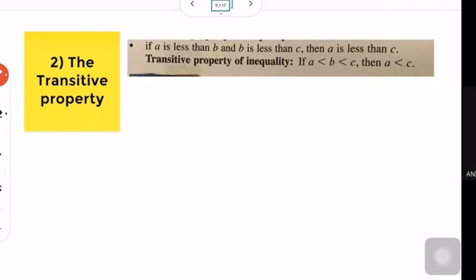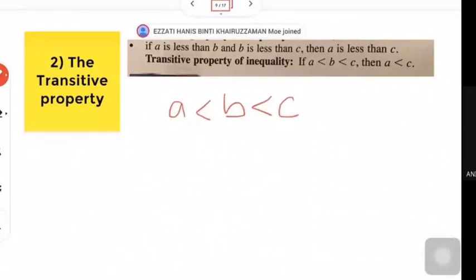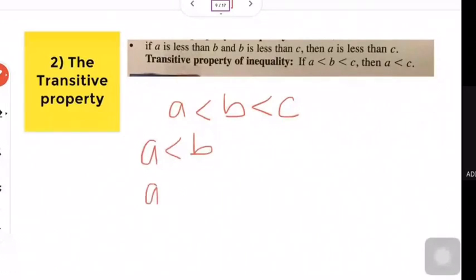Let's say A is less than B is less than C. Ini tiga kan, you boleh pairkan dia, ambil pair saja. So A is less than B. What is the relation of A and C? A is smaller than C. A is less than C.